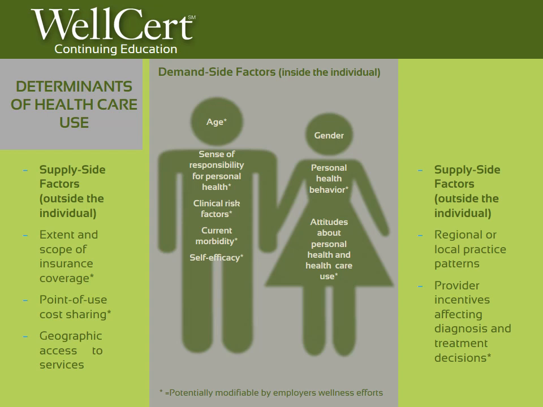Clinical risk factors are one of the issues that also affects utilization. We know from some of the data that we shared earlier in this module that there is a differential use of health services depending on what clinical risk factors people have. In addition, there's also current morbidity.